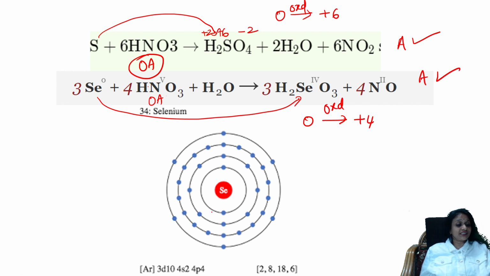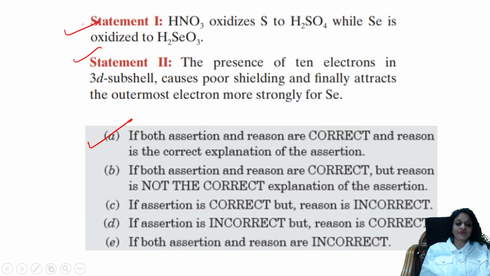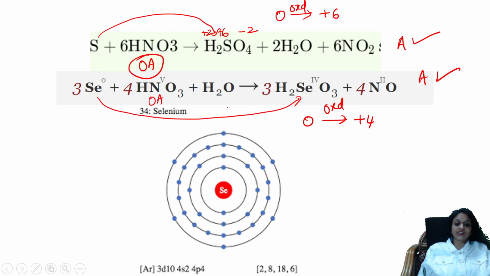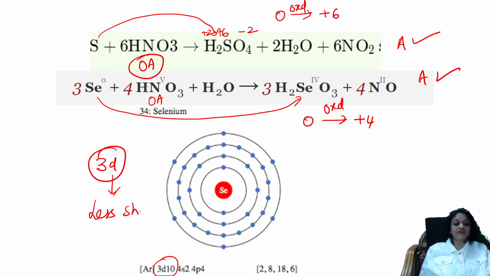Now, they have given me one more statement: the presence of 10 electrons in the 3d subshell causes poor shielding and finally attracts the outermost shell. If you see, there are 10 electrons in the 3d subshell. See here, 3d10. Because of these 3d10 electrons, the d orbital has ineffective shielding. Correct? Yes, students.